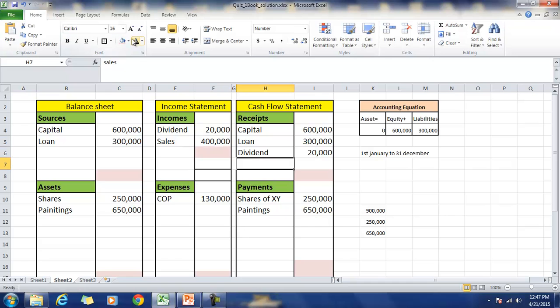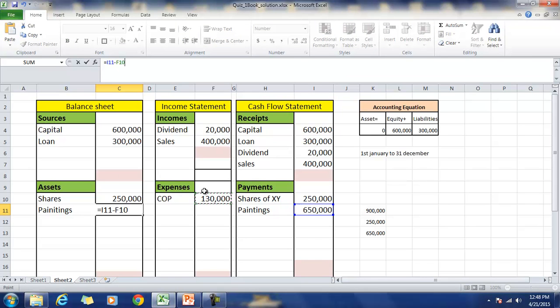So an income received. As a result, the paintings will reduce to the extent of the number of paintings which have been sold. So the value of the paintings on the balance sheet will reduce.